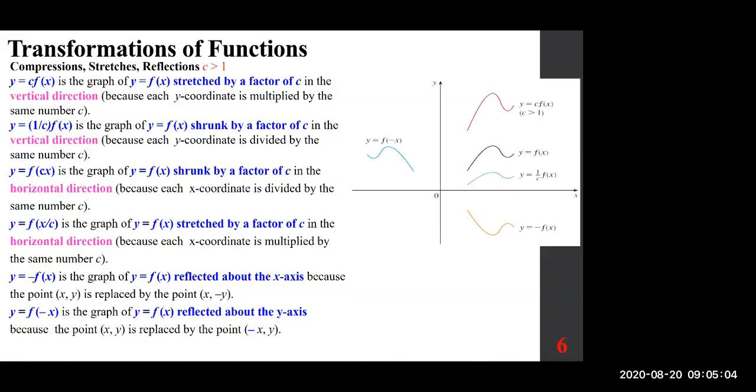So those are the shapes that are going to happen. And again, I hope everybody remembers those. I don't expect you to do a lot of transformations, but some basic transformations I expect you to remember. Okay, class? So I hope it's clear.